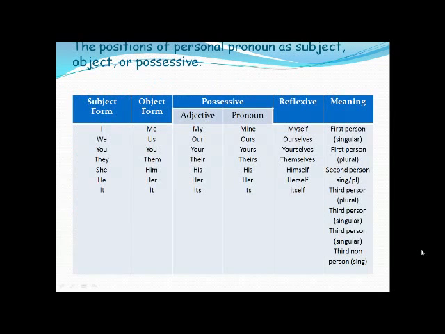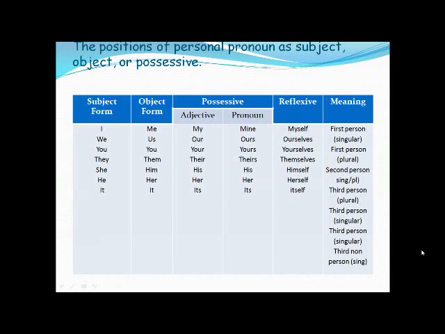And next is the position of personal pronoun as subject, object, or possessive. You can see on the slide that the subject form consists of I, we, you, they, she, he, it, and for object form there are me, us, you, them, him, her, and it.